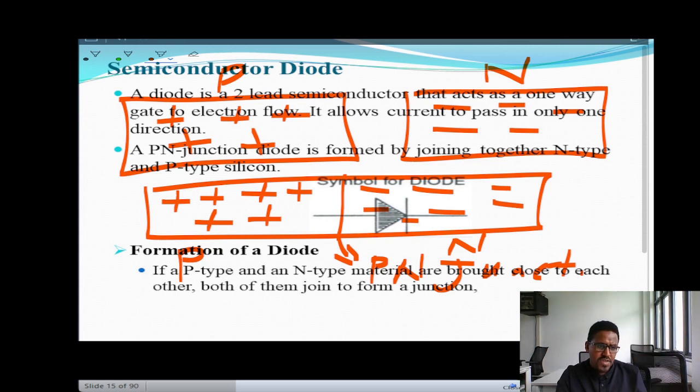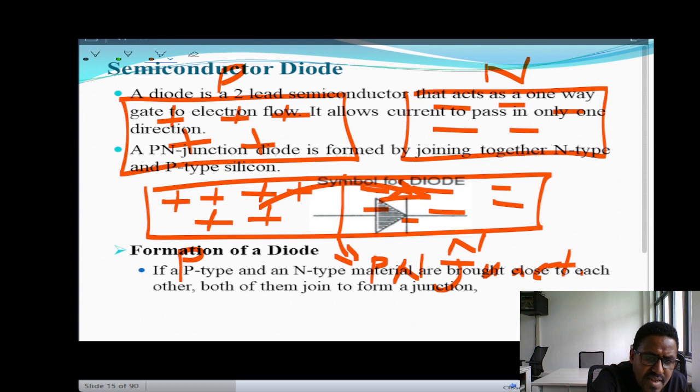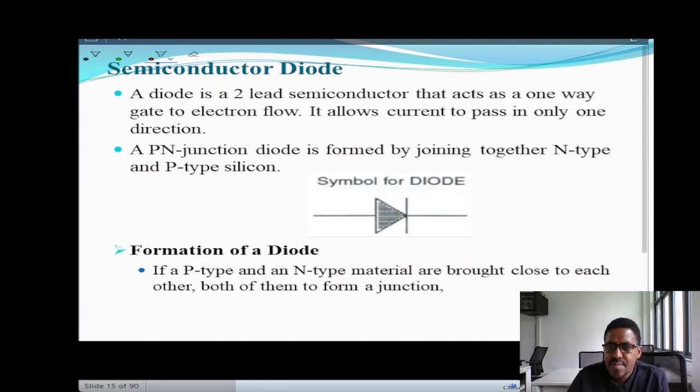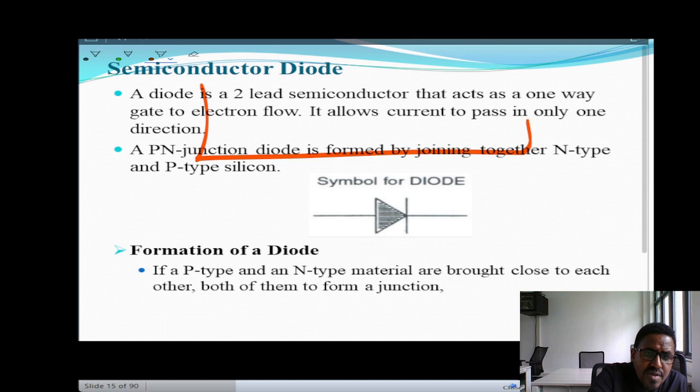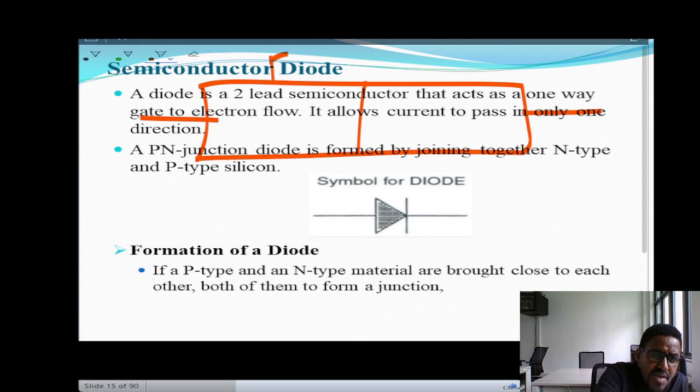As opposite polarity attracts, a few holes in the p-type material tend to go to the n side, whereas a few electrons in the n-type material tend to go to the p side. A semiconductor diode is a two-terminal electronic component with a p-n junction.